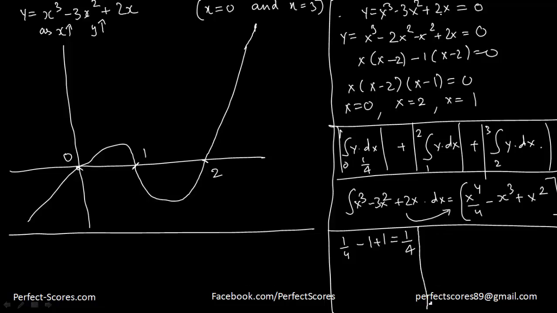The next part is from 1 till 2. So I'll just do the 2 part and subtract the 1 part from it. The 1 part I already know is actually 1 by 4. So the 2 part is going to be 2 to the power 4 over 4, which is 16 over 4, minus 8 plus 4. Fine.